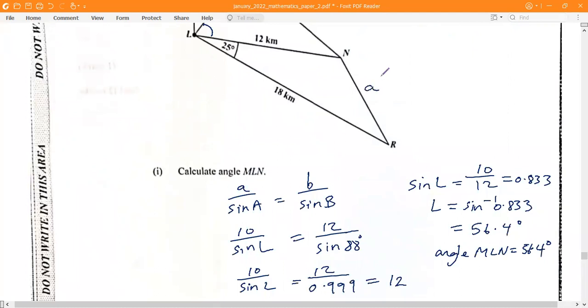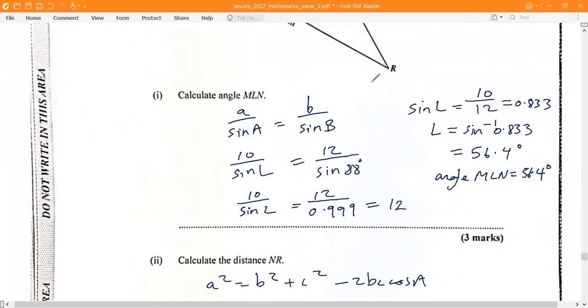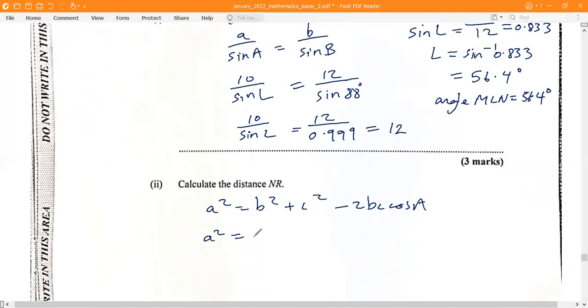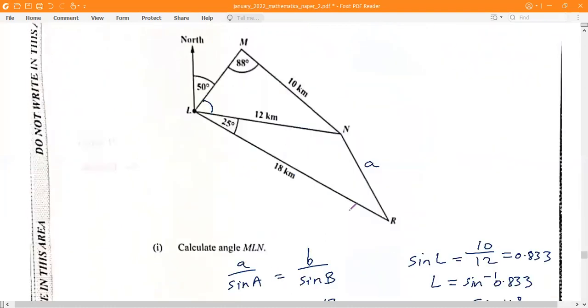Let's use b as 12 and c as 18. So we have 12 squared plus 18 squared minus 2 times 12 times 18 cosine of the angle between them, which is 25 degrees.